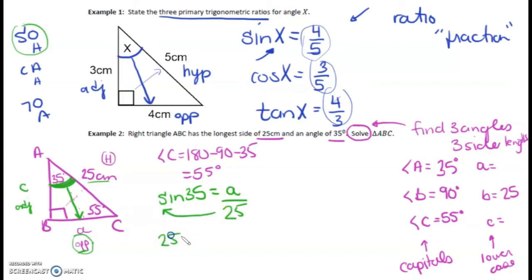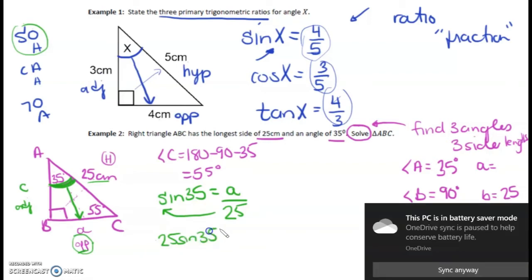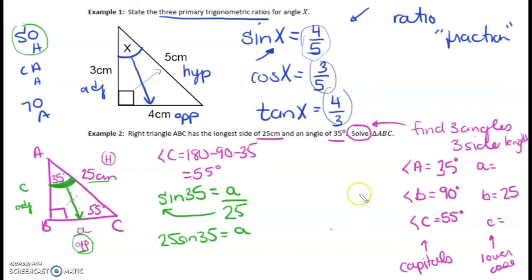We get 25 sine 35 equals A. Okay, and just put this into our calculators. I get 14.3. Okay, so let's write 14.3 right here.